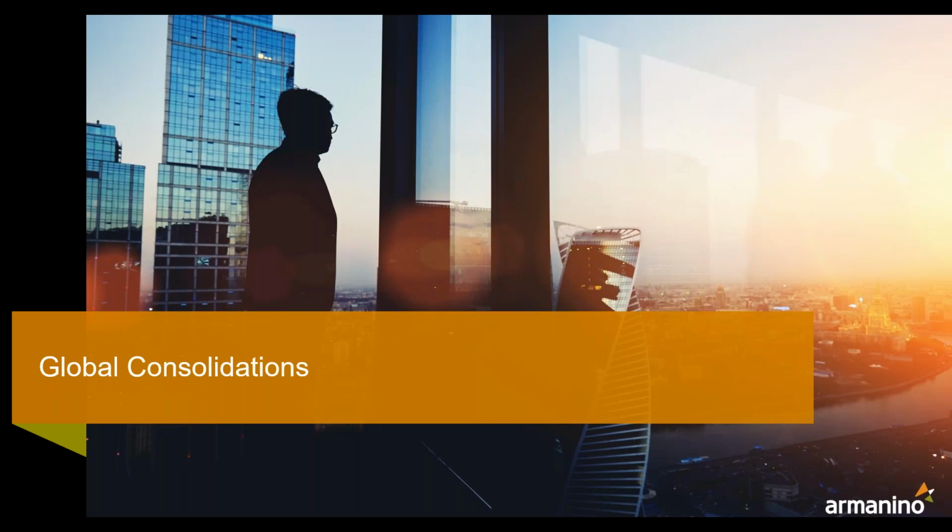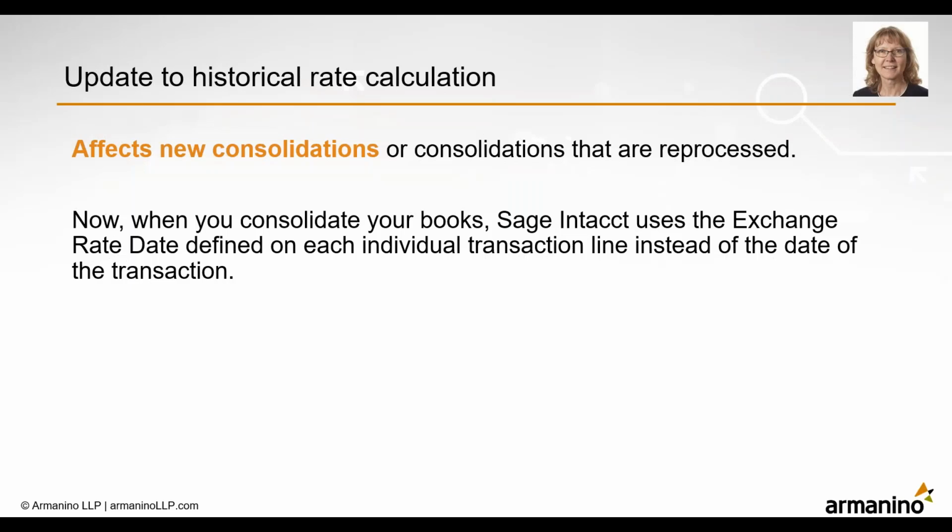All right, global consolidations, I'll just keep going on. Couple small enhancements to global consolidations. One I know is an important one for some of the folks out there, and that is the update to historical rate calculation.